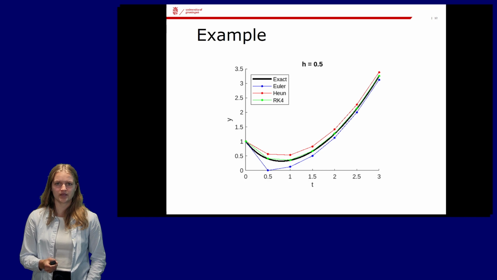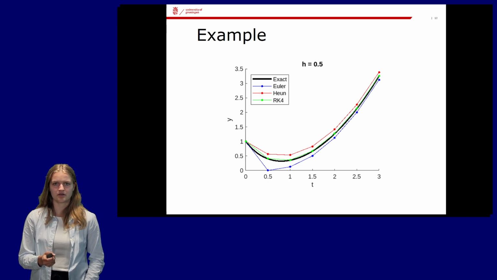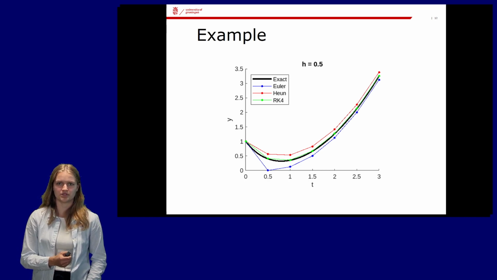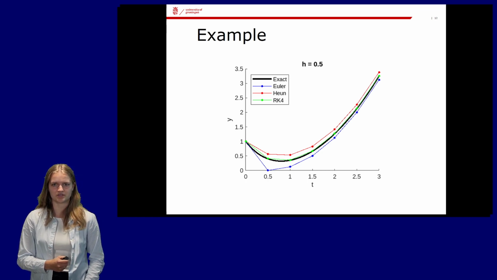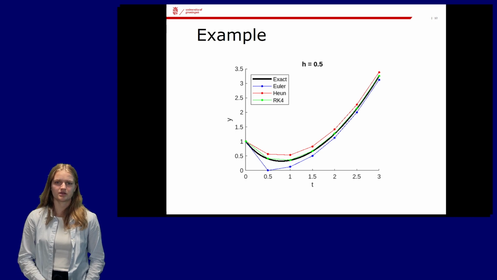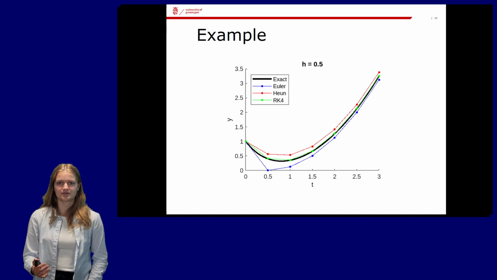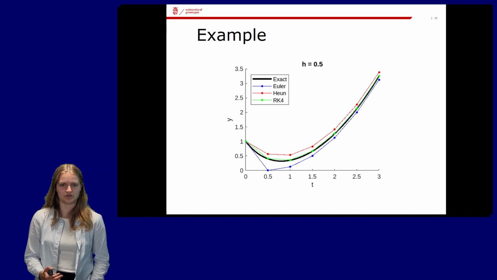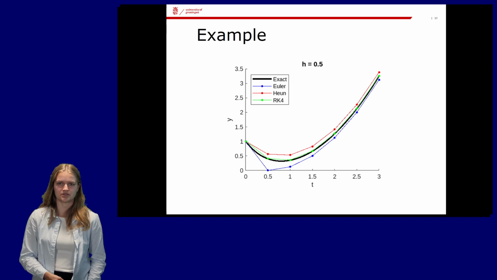And now we have three estimated solutions: the Euler one in blue, Heun's method in red, and the fourth order Runge-Kutta method in green. All three methods have used a step size of 0.5. And indeed, you can see what we would have expected, that the fourth order Runge-Kutta method approximates the exact solution the closest, because the error term, like we saw, is the lowest.